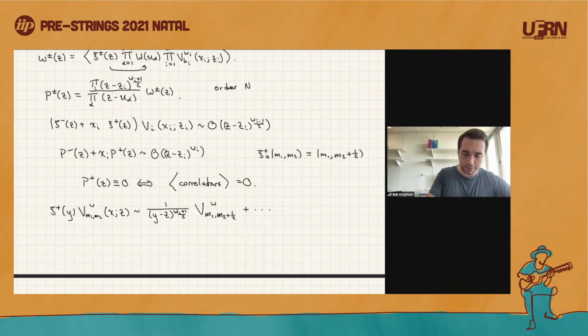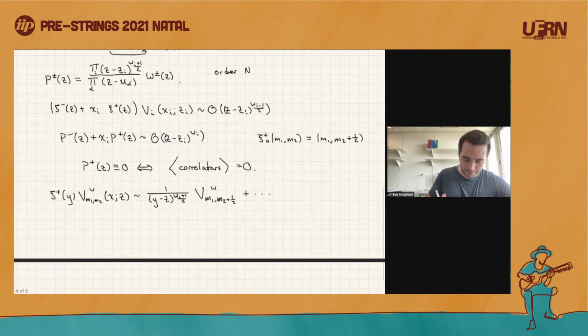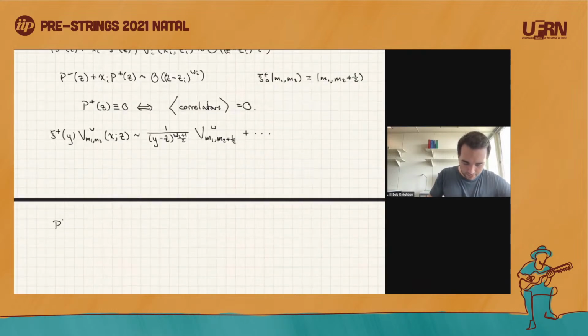So if you try to expand P plus around the point, say, Zi, then you would end up with a correlation function. So P plus Z is going to look like Z minus Zi.